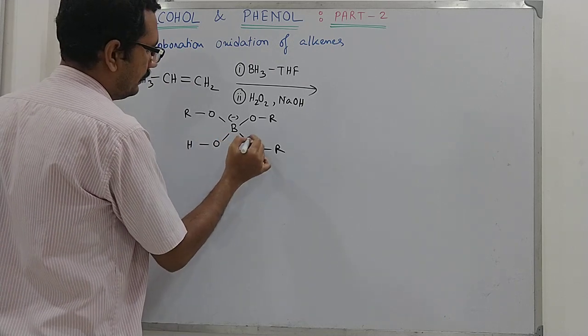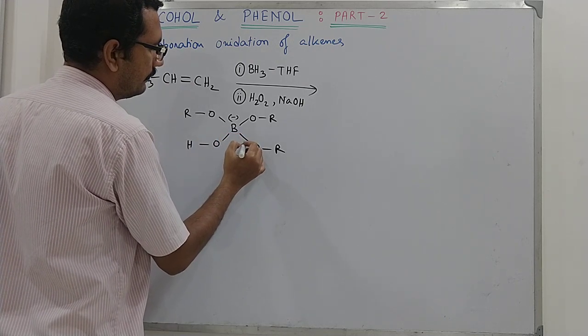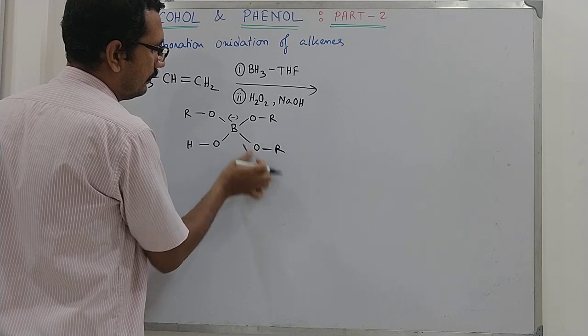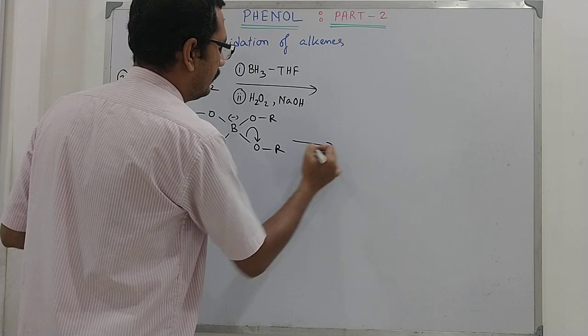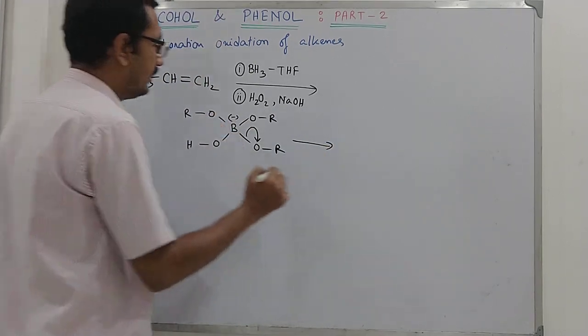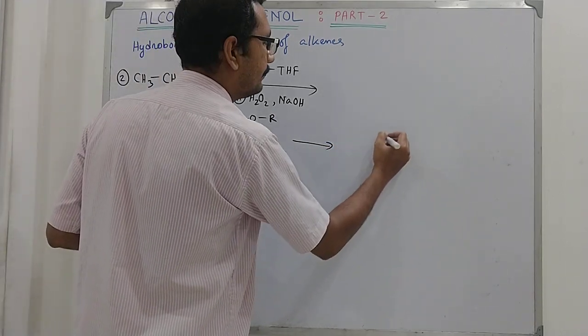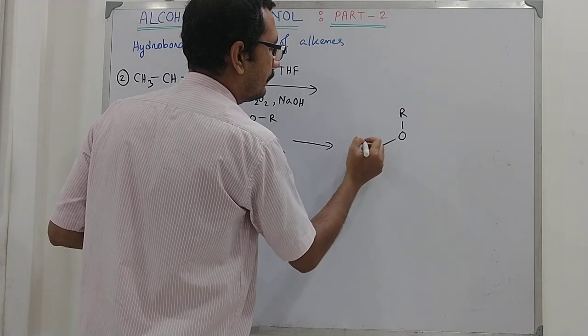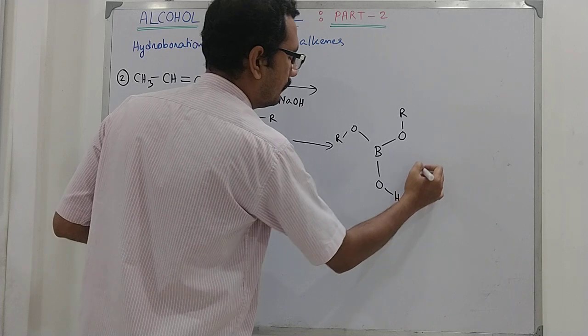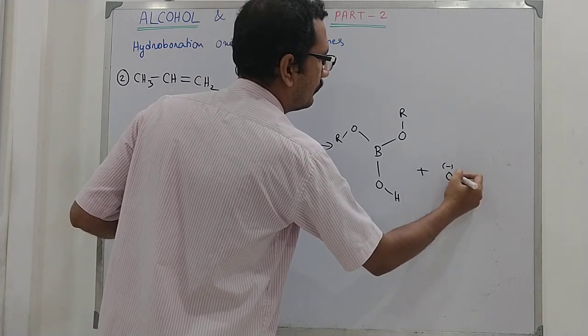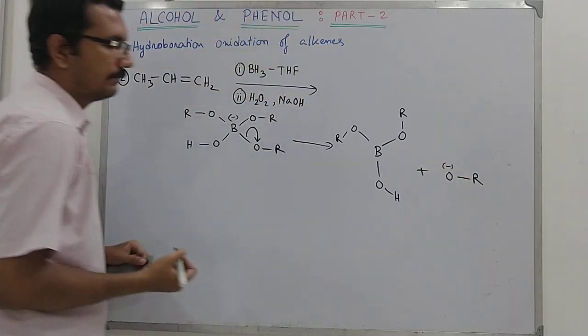Now this OR minus will leave the system to neutralize this molecule, and we will have this alkoxide ion.